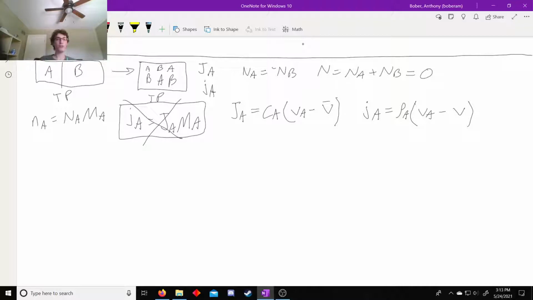Since we have 1 mole of A moving to the right and 1 mole of B moving to the left, the moles of A have a positive molar velocity and the moles of B have a negative molar velocity. Since we're taking the average molar velocity, that would cause the average molar velocity to be 0, since we have positives and negatives from the movement of the moles.